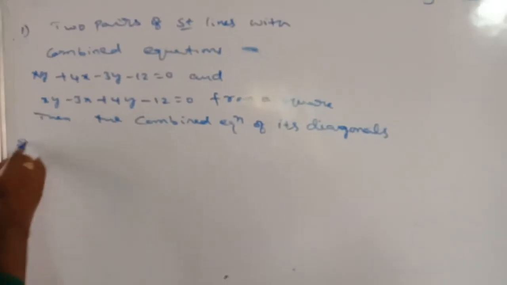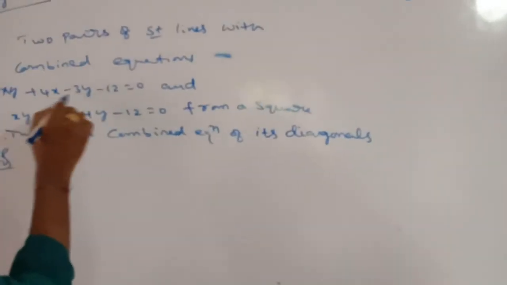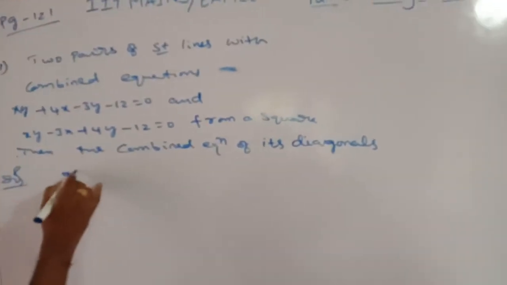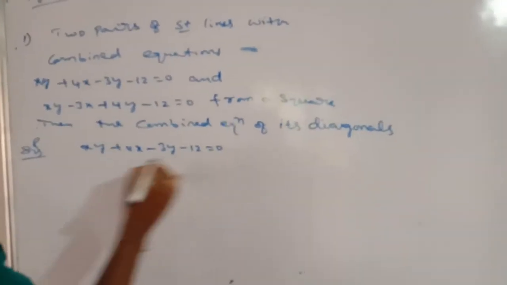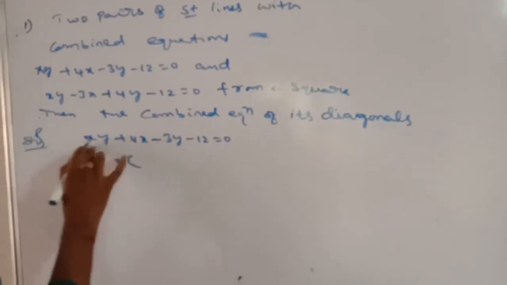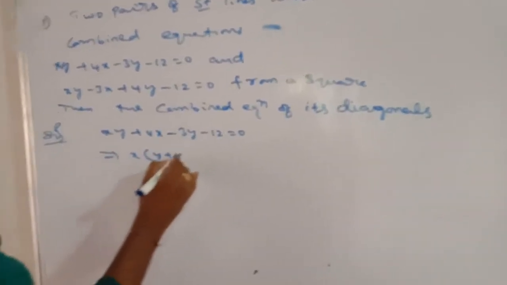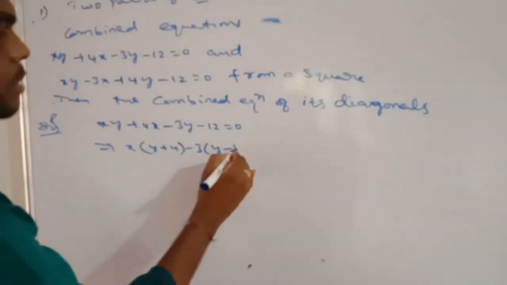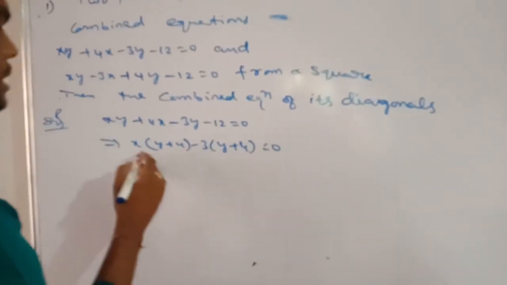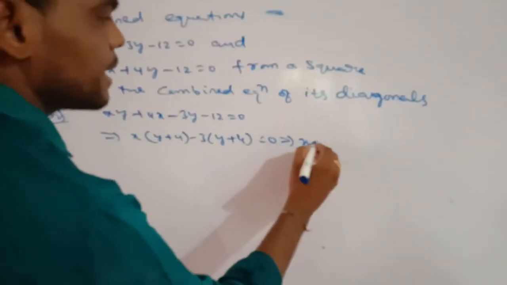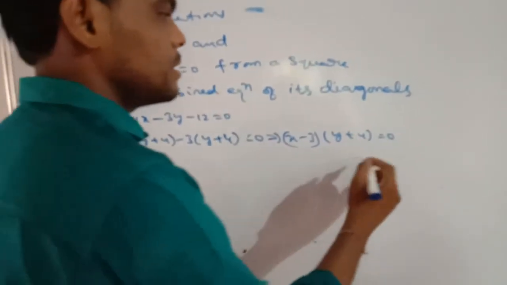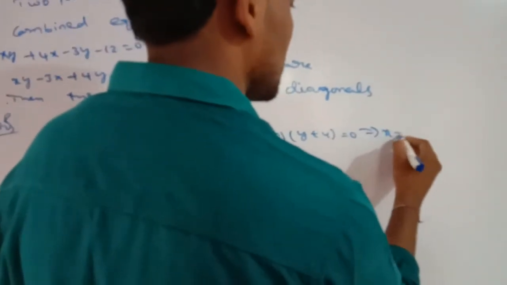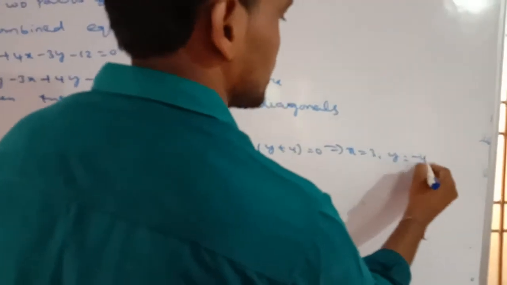Okay, now first of all see one of the combined equations: xy plus 4x minus 3y minus 12 is equal to 0. That implies x is a common term, y plus 4 minus 3 term common, y plus 4 is equal to 0, and this is x minus 3 into y plus 4 is equal to 0, and this is x is equal to 3, y is equal to minus 4.